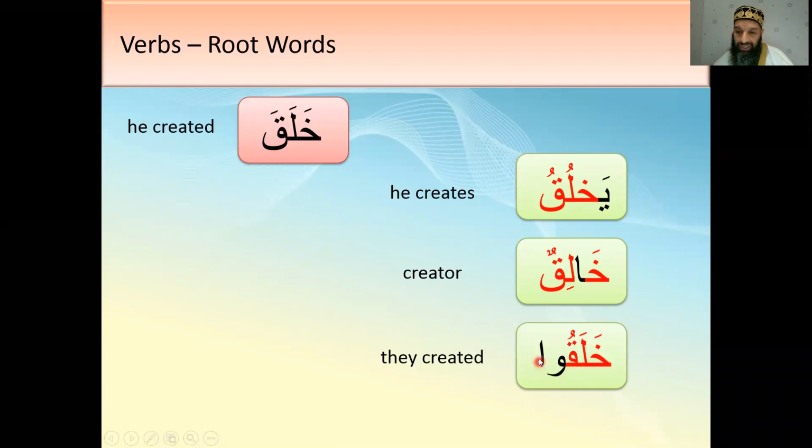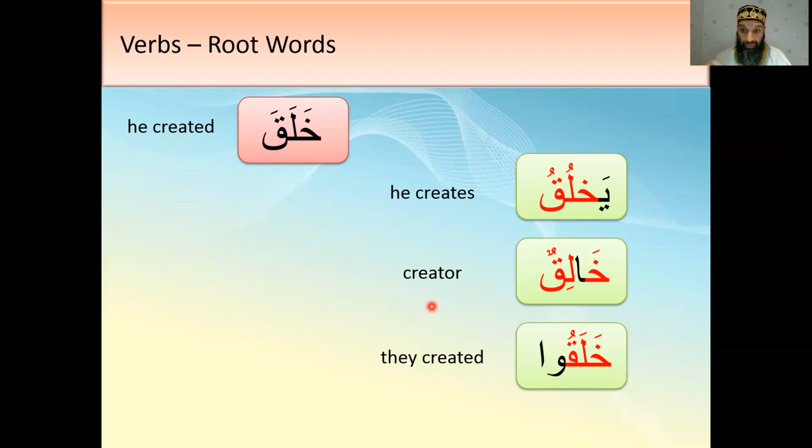Now can you see this pattern here, and this pattern here, and this pattern here? We are going to learn these in this course. These are just examples of how you can add a letter onto an existing root word, and it will change the meaning. Once you learn that template, you can put many root words in there, and you'll know what it means automatically without ever having seen that word.